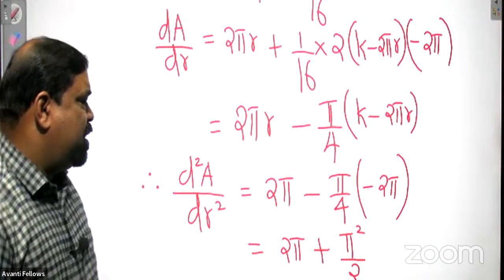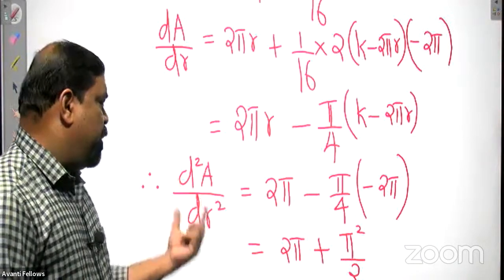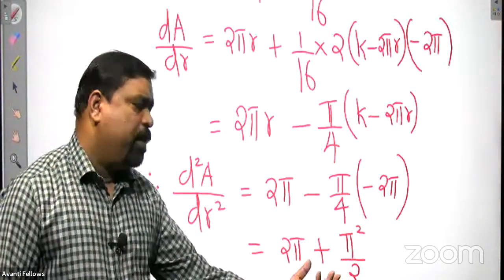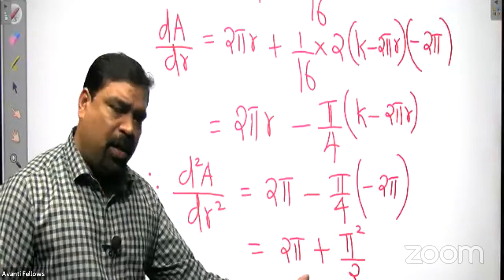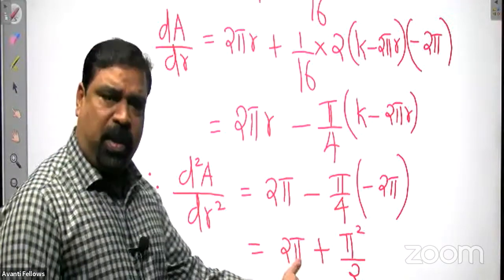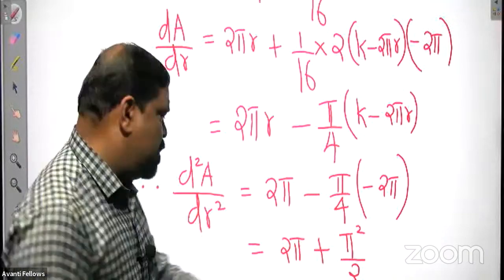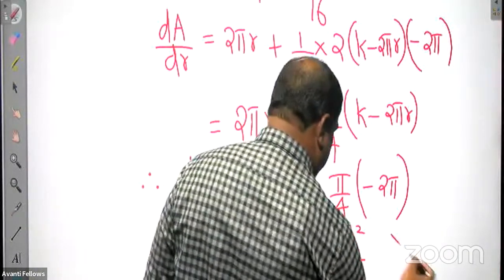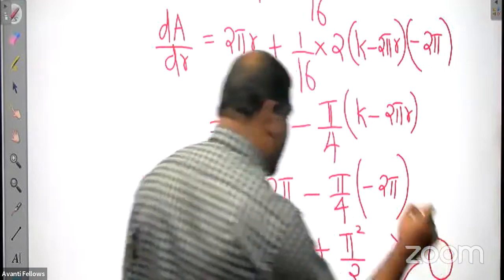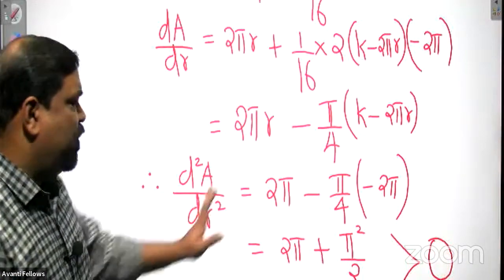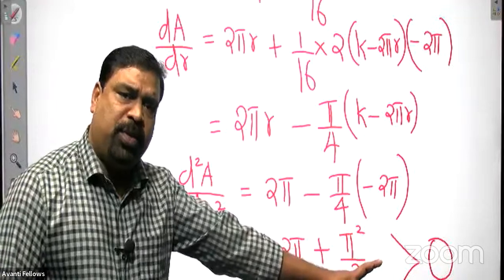And you can see that d square a by dr square is free from any variable. There is no r actually. And very clearly this value is positive only. 2 pi is positive, pi square by 2 is positive. That means everything is positive only. So from here itself, directly we are getting the second derivative is positive, always positive.